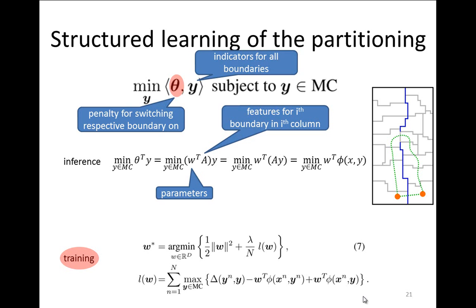So you can supply pairs of training examples, so of structured input and of the true output, if the boundaries should be on or off. And you can then use this to learn the parameters of your unary potential that will tell you if a boundary should be switched on or off.